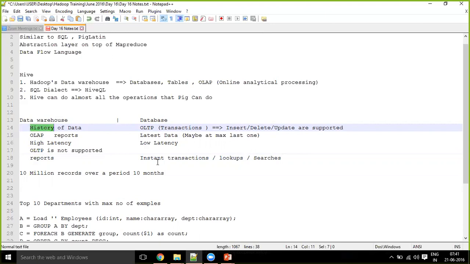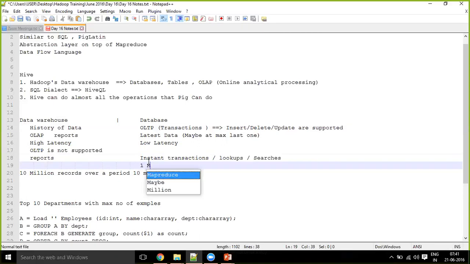So let's assume I have only one month of data, or even just last 1 week or 1 month of data. Then I have only 1 million record table. So inside this 1 million record table, changing a record will be relatively fast. Okay, so I hope everybody agrees that.